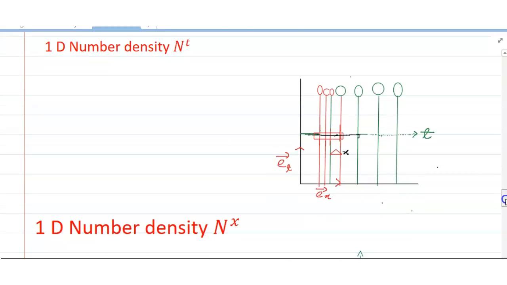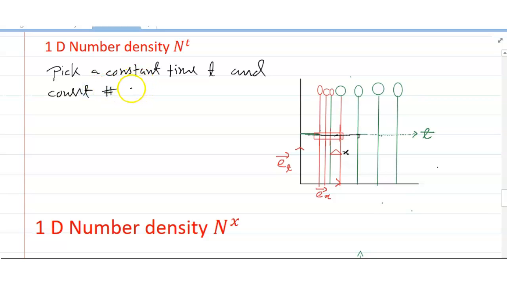So for 1D number density, pick a constant time t and count the number of objects in a unit length del x.